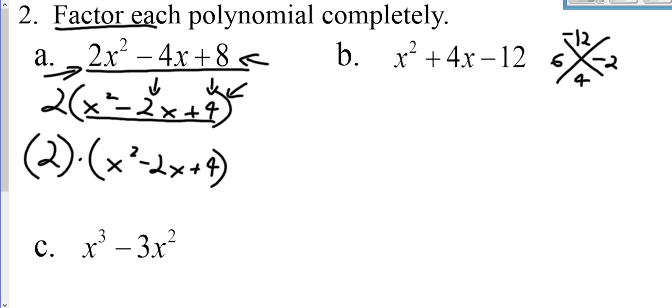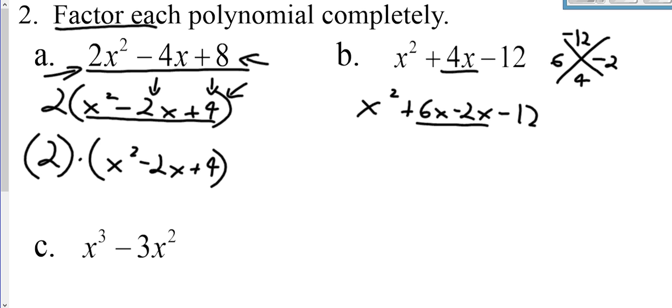So when I collect and break this up, I can see that this middle term can be written as plus 6x minus 2x minus 12. I know that this is equivalent to this, that 6x minus 2x is equal to 4x.